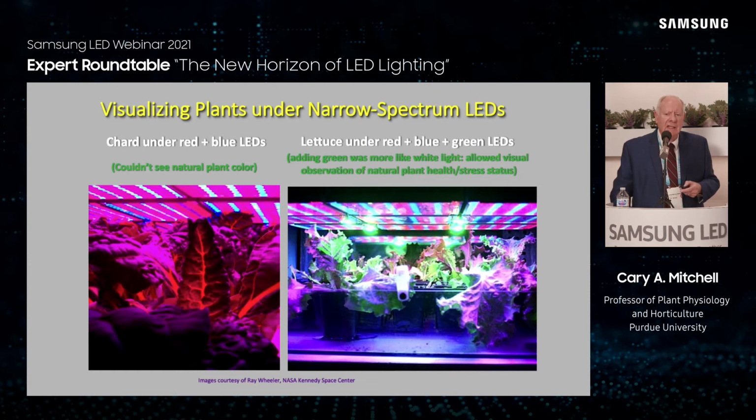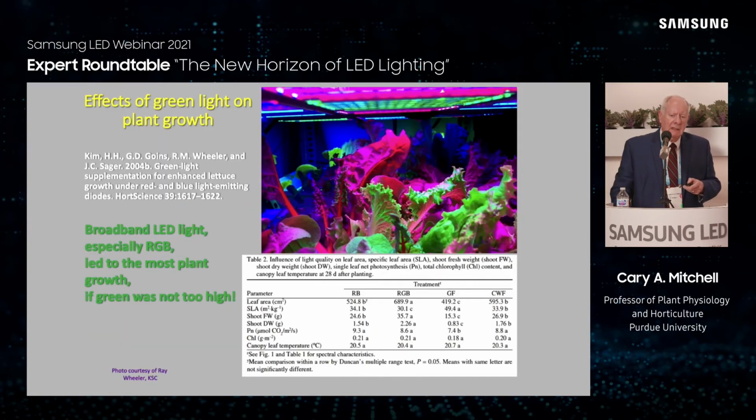So then at the Kennedy Space Center, after that, they started adding green monochromatic light to the reds and the blues, and they grew okay, but without the green, they couldn't see the true color or the stress health status of the plants. So when they added the green, like on the right, the plants looked more normal. And not only that, they grew better.